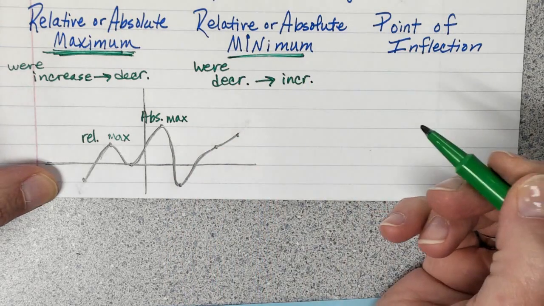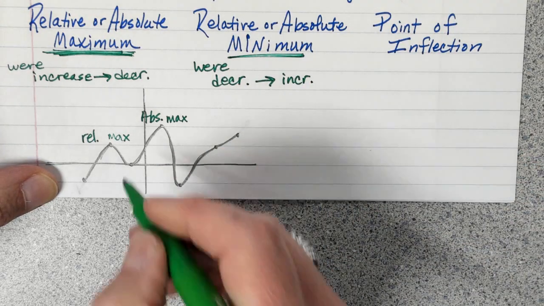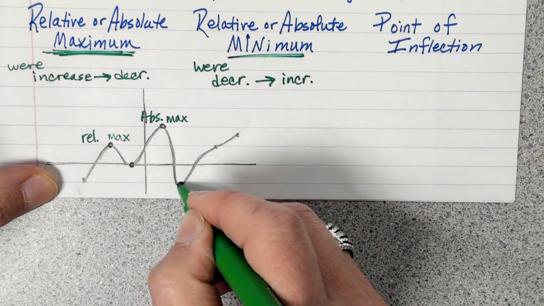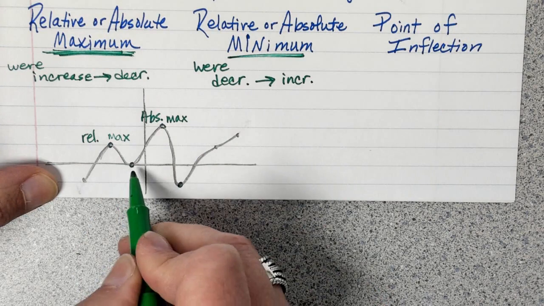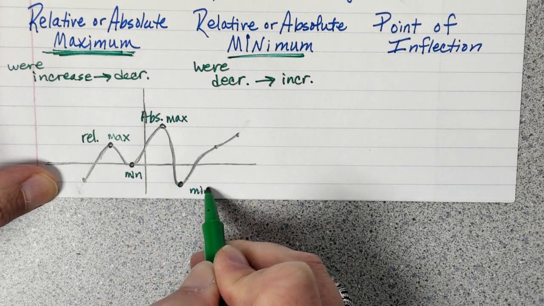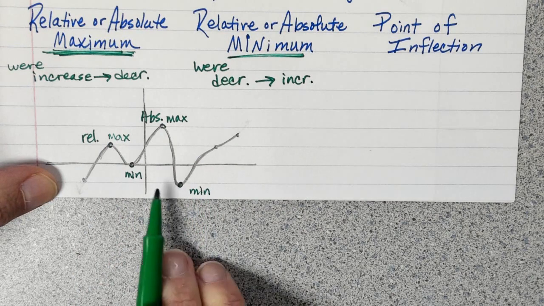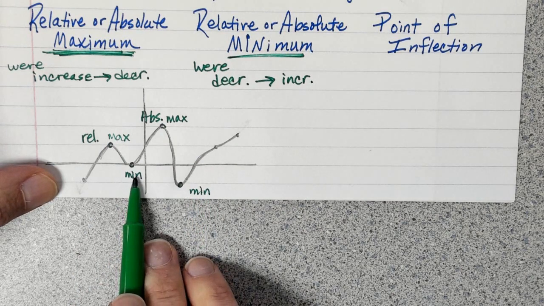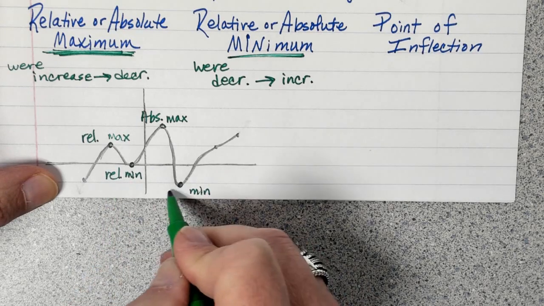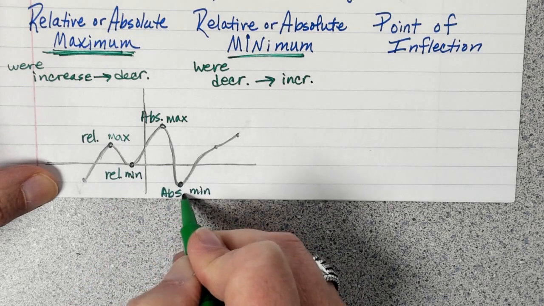It's going back up. So let's label some of these. This one right here would be a minimum. This would be a minimum. This would be a relative minimum. This would be an absolute minimum.